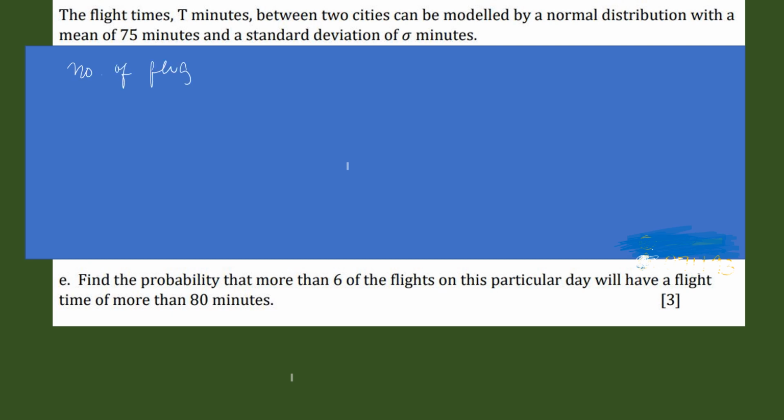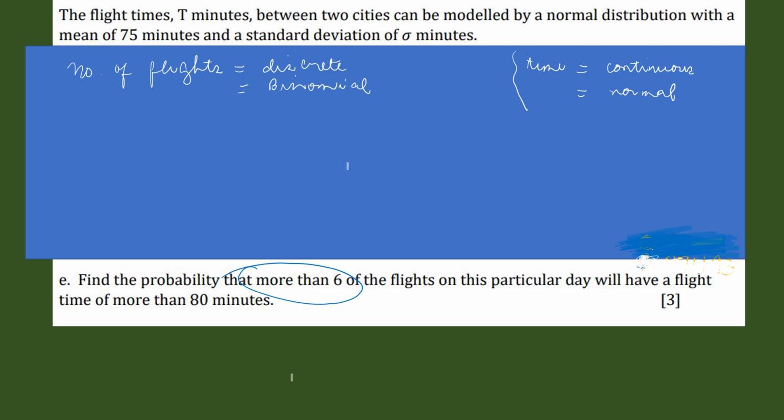This is a discrete variable, therefore this will require binomial distribution. In contrast, in the first three questions, where it asks about time, and time is a continuous variable, we are dealing with normal distribution.